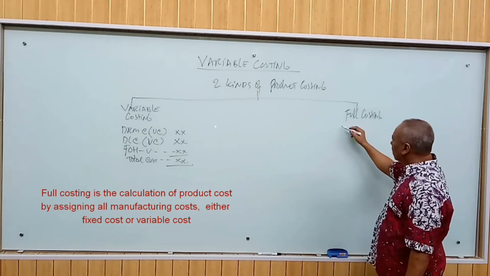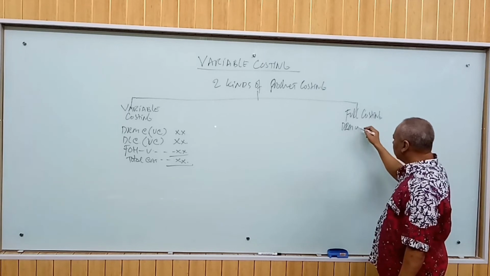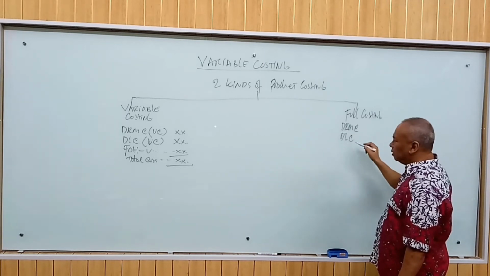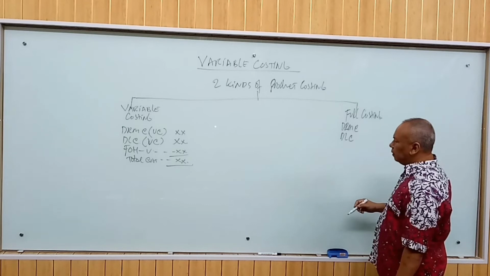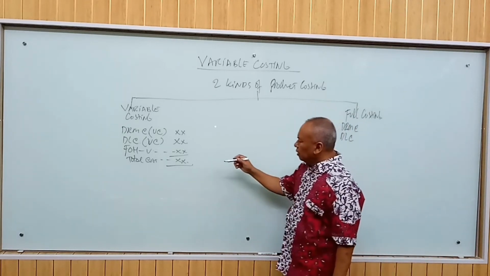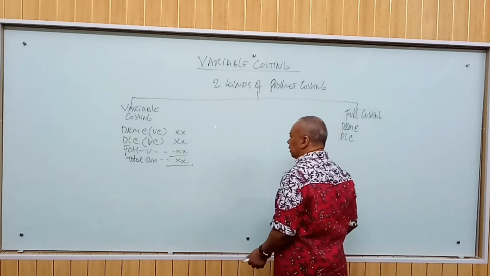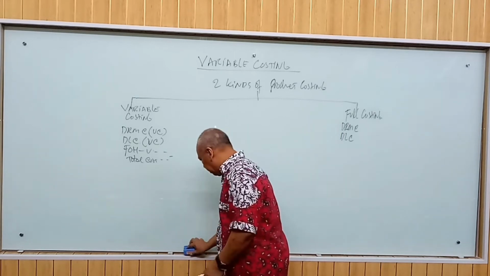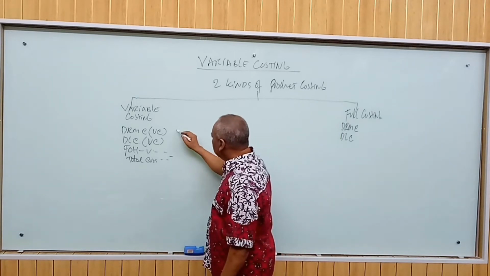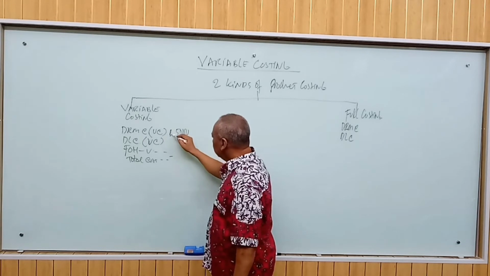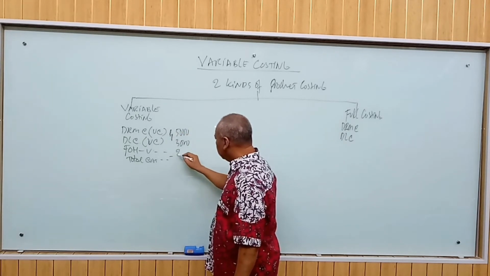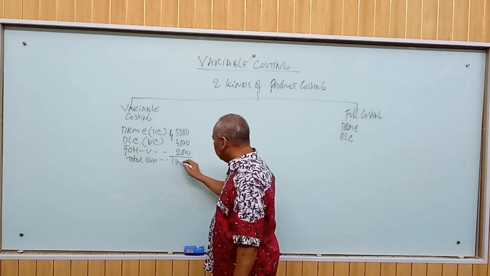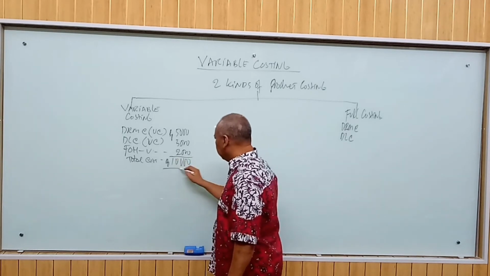This is the example: direct raw material costs, direct labor costs. For example, we are using the numbers here. This is let's say 5,000. This is 3,000, and this is 2,000. So we have total cost 10,000.